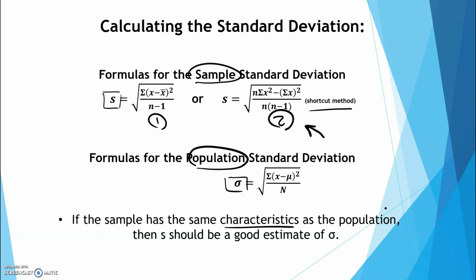Because all we're doing is looking at the sample, finding out stuff about the sample, and using that to apply back to the population. Remember, that's called inference. So we want our data set to look just like our population, so that the sample standard deviation that we get from our data set will be a good estimate for our population standard deviation.